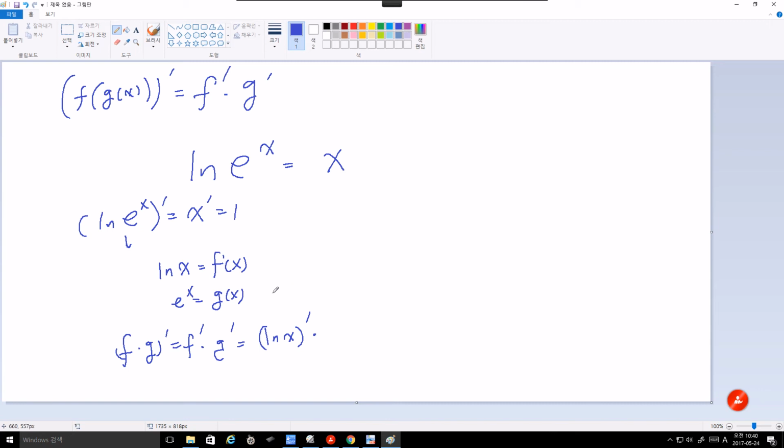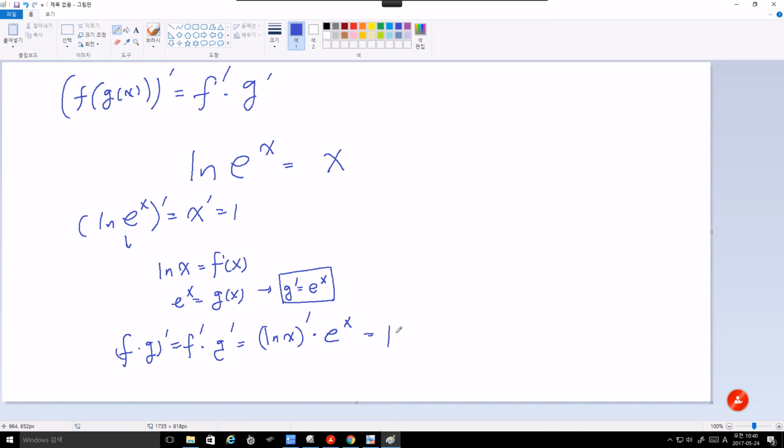But g prime here is e^x. We just discussed that one important property of the exponential function is that if we take the derivative of the exponential function, it becomes itself. So it is e^x, exactly the same one, and then this is equal to 1.